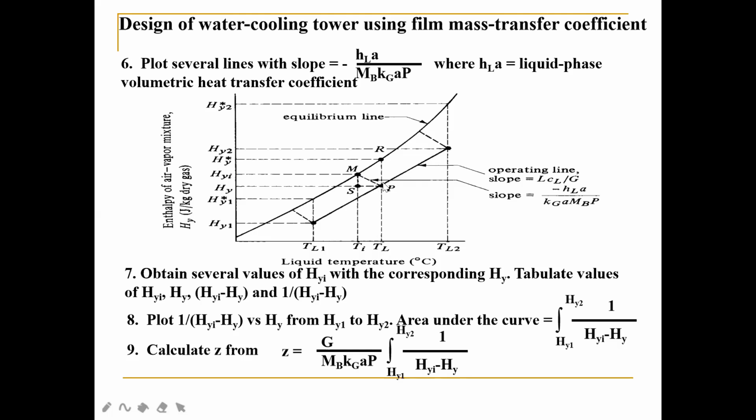You have to do this several times. I recommend you do about 6 or 7 similar lines here for you to be able to calculate the area under the curve to solve this part of the equation.